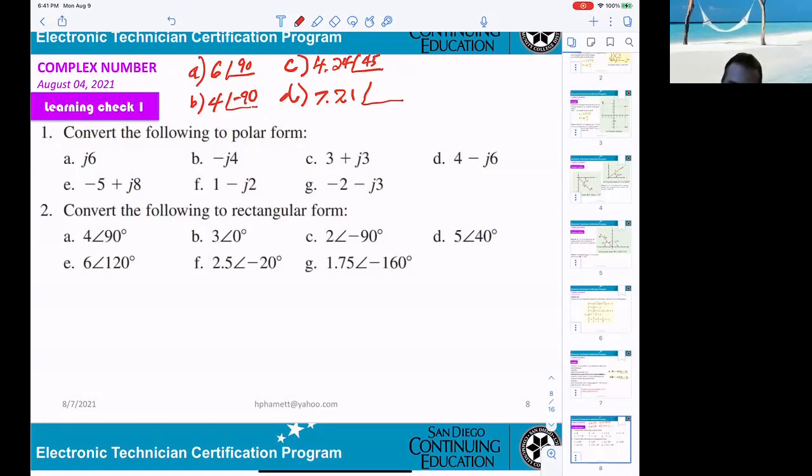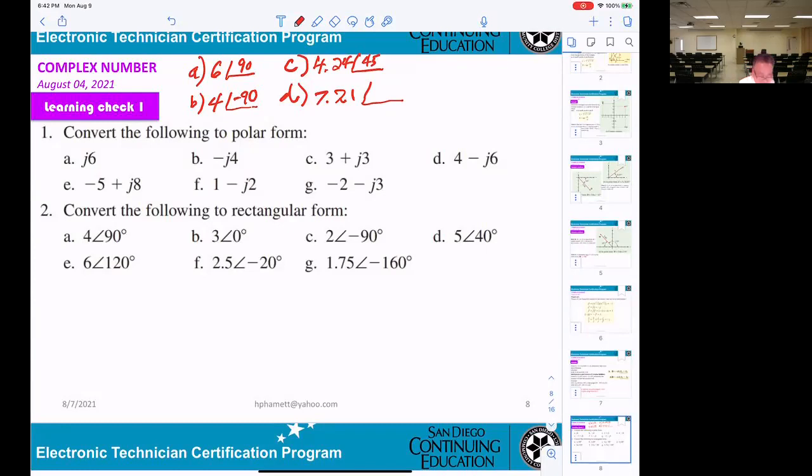55. Who else? I got 33.69. I also got that. 56.3. 63.43. 56.38.